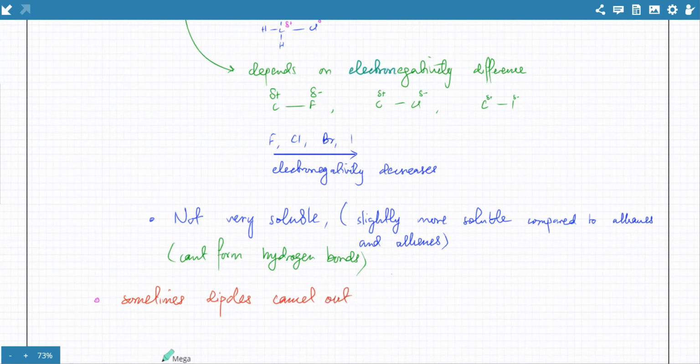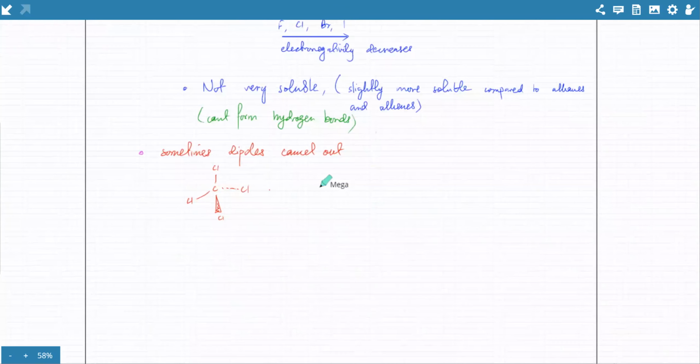One example is a CCl4 molecule. It's completely non-polar. Why? Because all four bonds are C-Cl bonds, so the dipoles cancel out. So it's not always polar; there can also be non-polar halogenoalkanes.